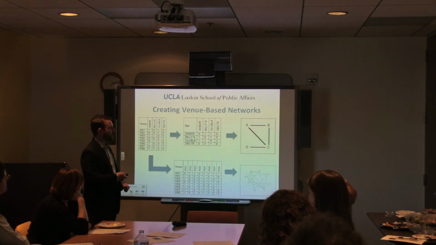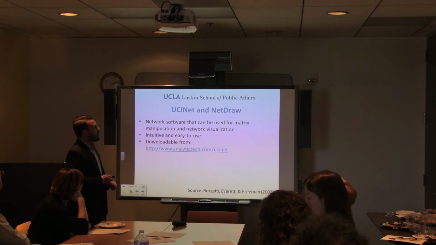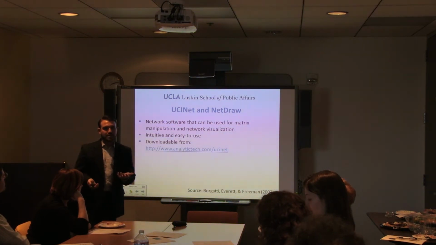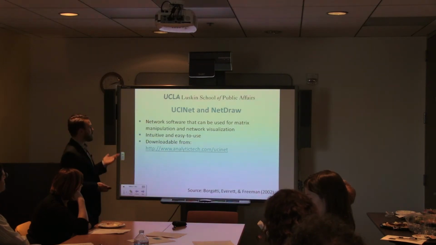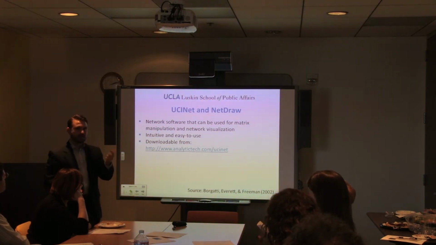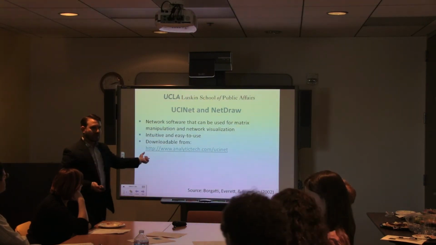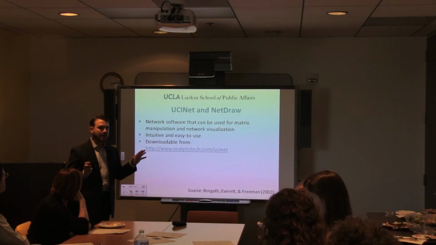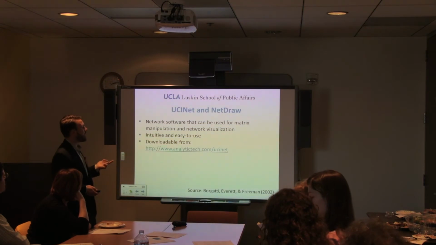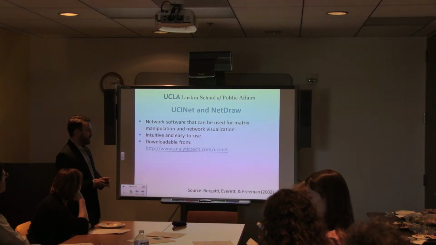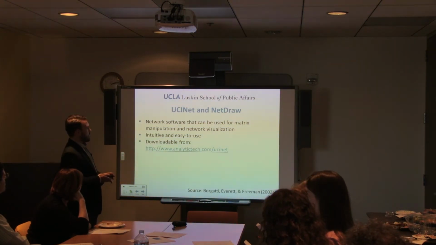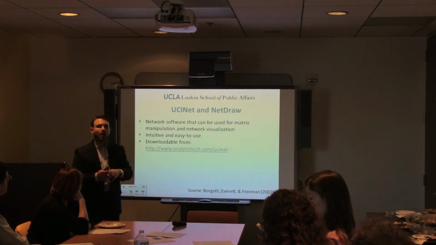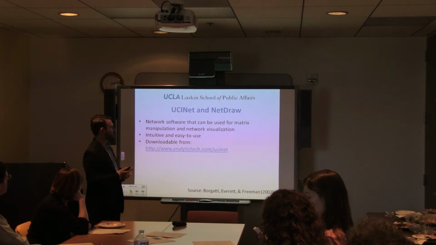That's what generates these affiliation networks. The software program that I use to do network analysis is just one of many, but I thought it was worth mentioning because you can do the matrix algebra for these calculations, and you can also visualize the networks. The program's called UCINet. It was developed by a group at Harvard, I think. Embedded within UCINet is another program called NetDraw, which allows you to do the network visualizations.